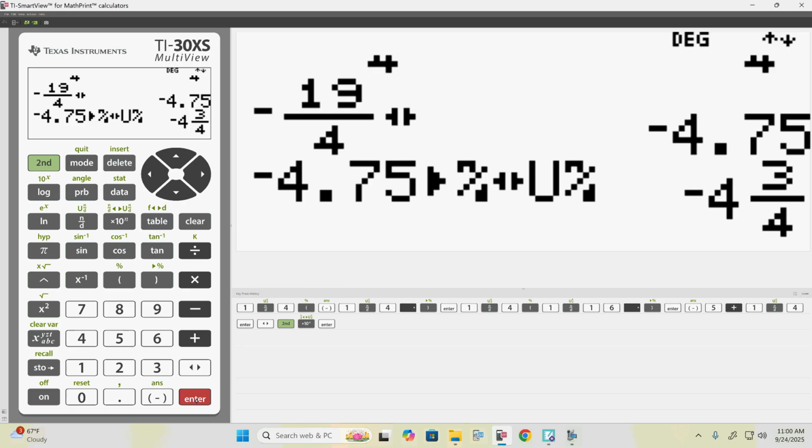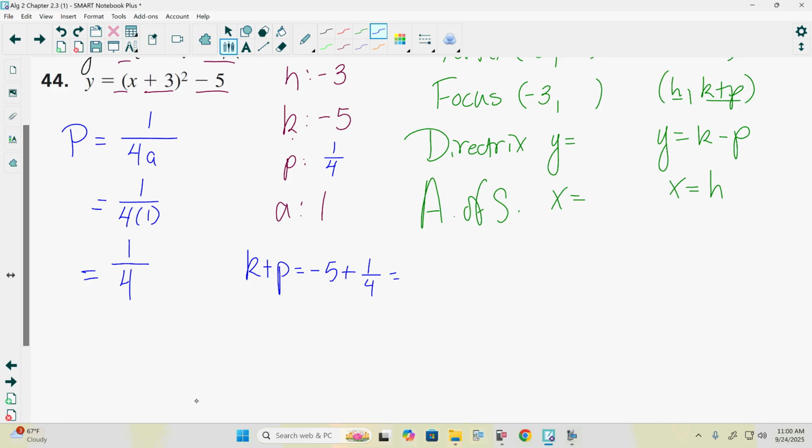Are all these the same number? Mm-hmm. You just need to pick which one you want to use. So we could say -4 and 3/4. As long as it is the same number, I will take any one of these three forms.